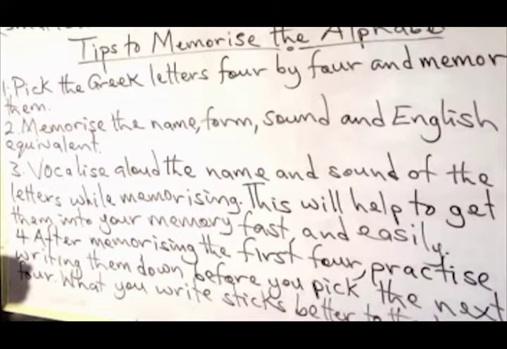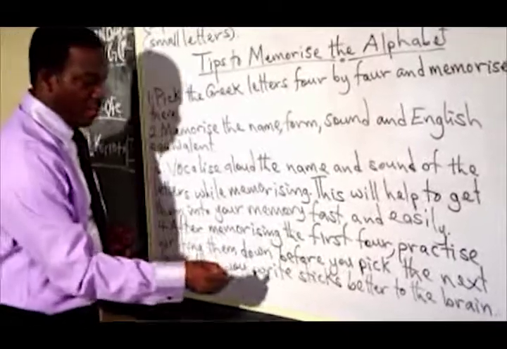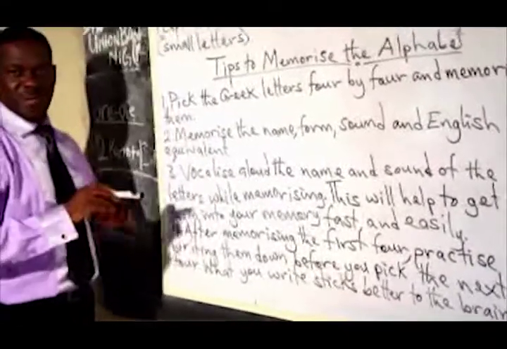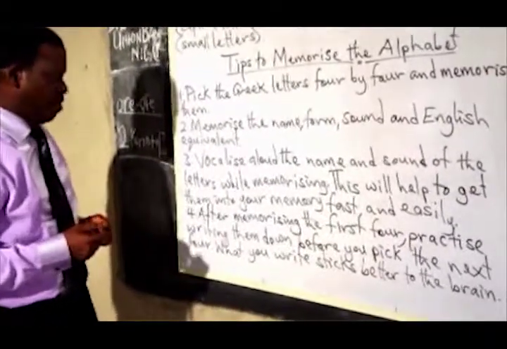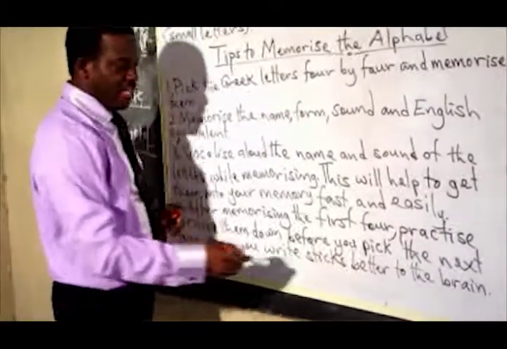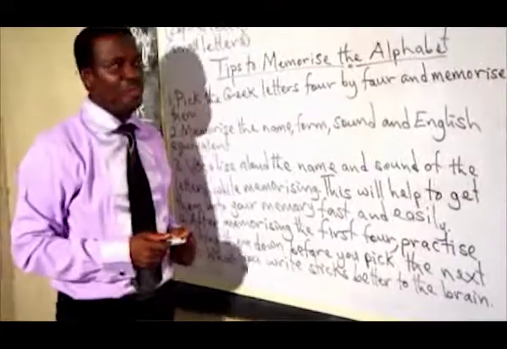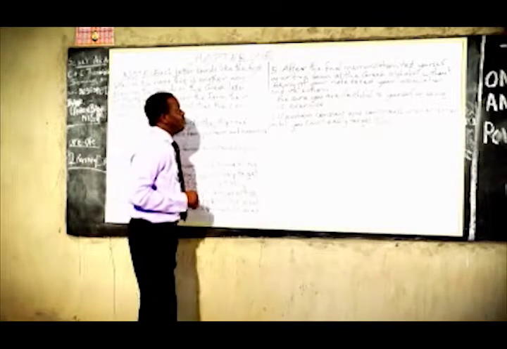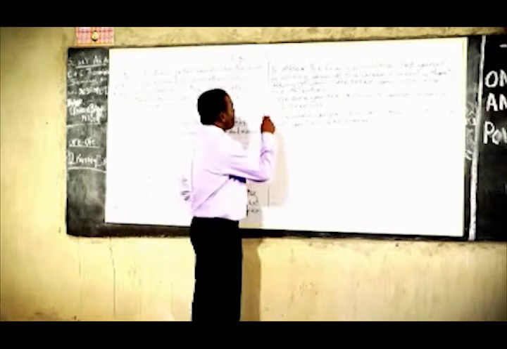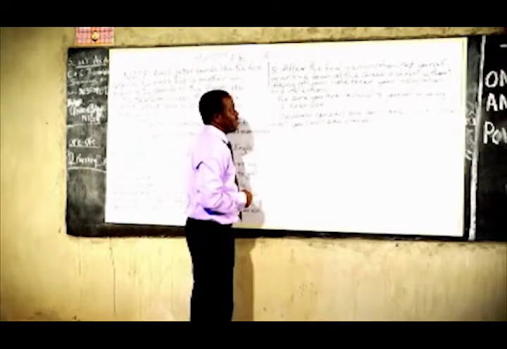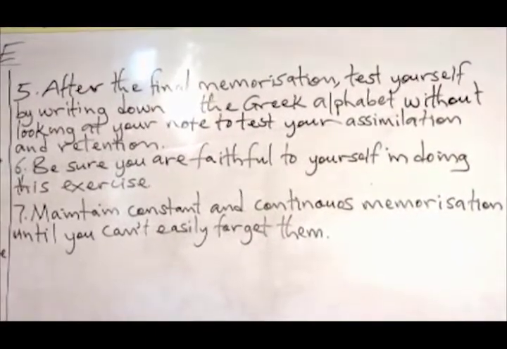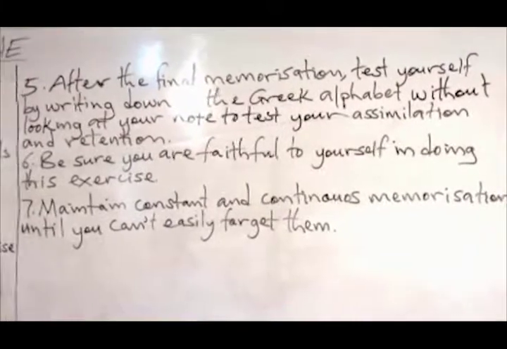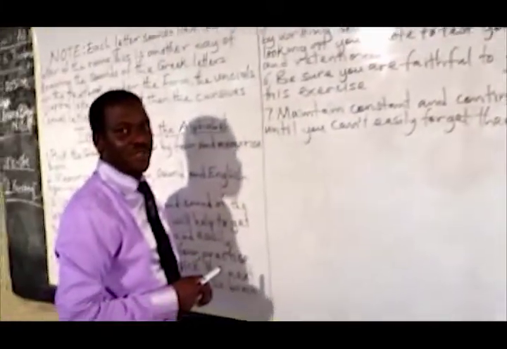Number 4: after memorizing the first 4 letters, practice writing them down before you pick the next 4. This is important because what you write sticks better to the brain. Number 5: after the final memorization, test yourself by writing down all the Greek alphabet without looking at your notes, to test your assimilation and retention.